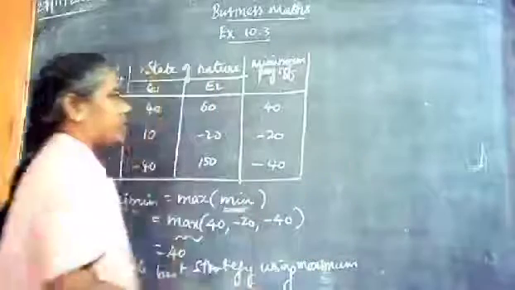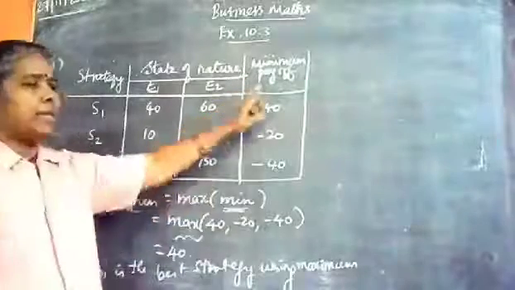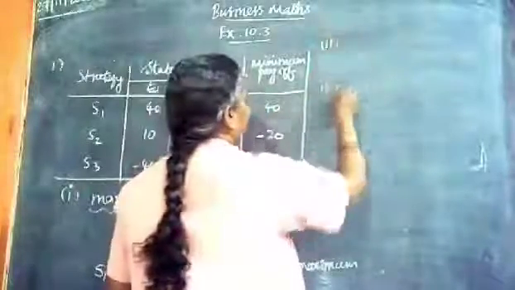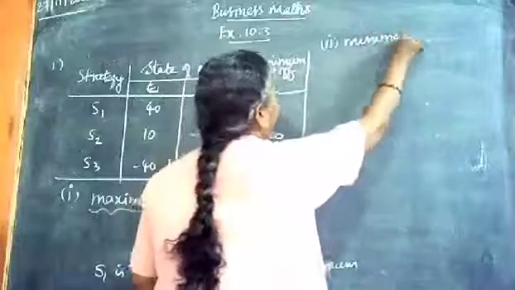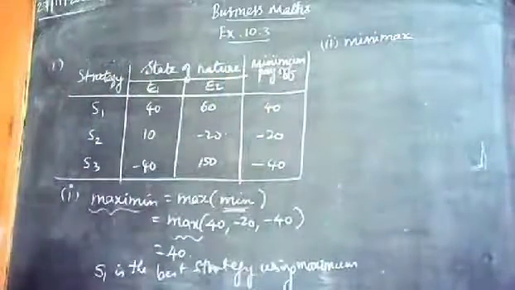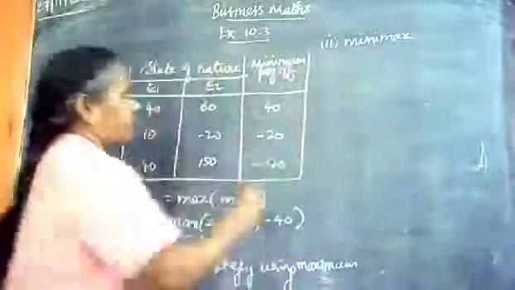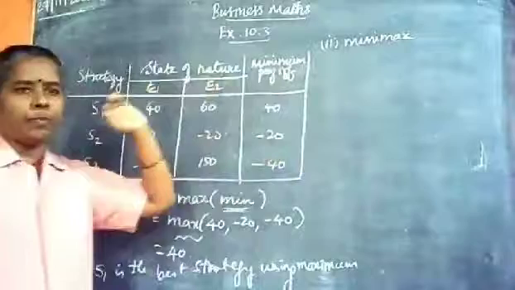For the second subdivision, you can prepare another tabular column with the heading what? Second question is what? Minimax, is it not? Yes, minimax. Again you can write the question, or in the tabular column itself you can provide one more column with the maximum as heading.